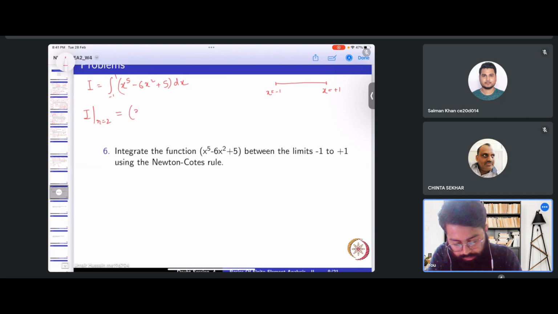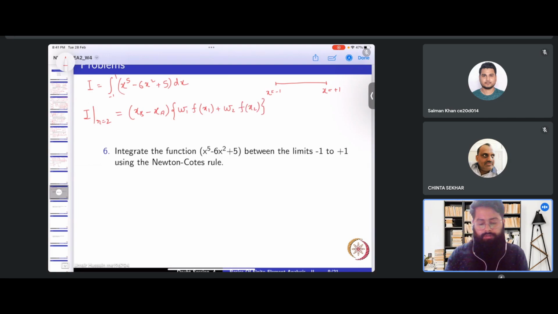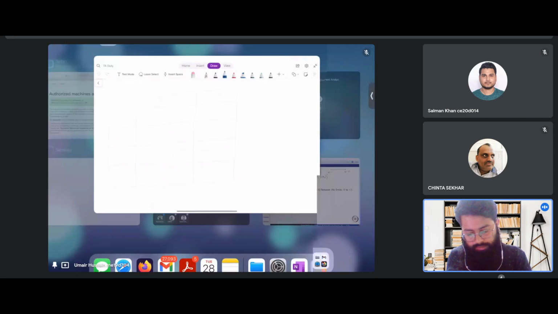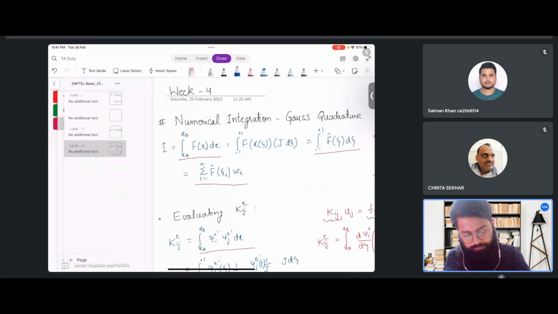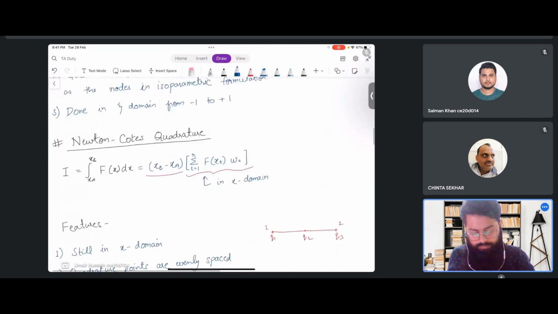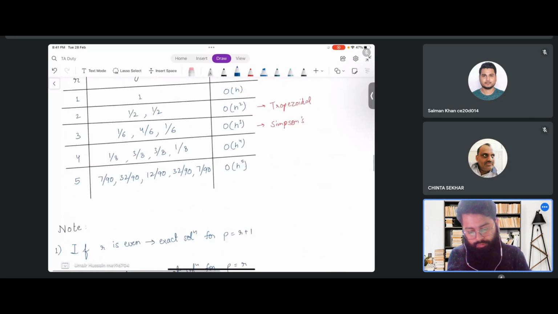It was x b minus x a, right, times weight 1 times value of function at x1 plus weight 2 times the function at x2. I think weights for 2 points, so what was it, half or 1? To check. Can someone tell me? Yeah, for 2 points it's half.